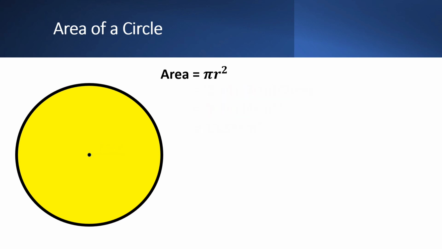Another example. So we have this circle. The radius is 5 centimeters. So again, use the formula, area is equals to pi r squared. So of course, yung pi natin is 3.14. Then radius times radius. So ano ba yung radius? Yes, 5 centimeters.